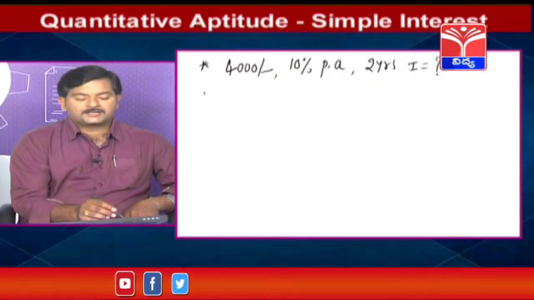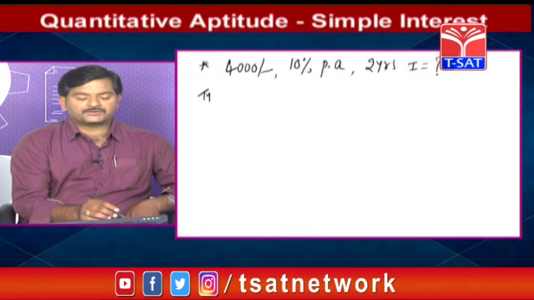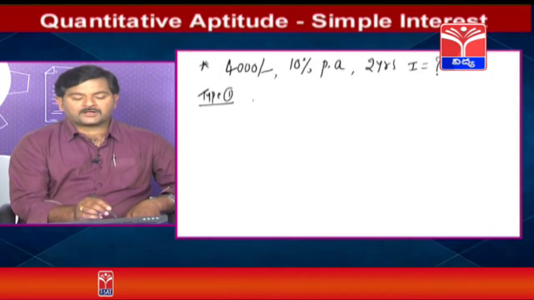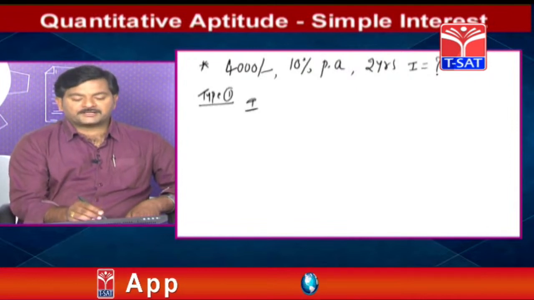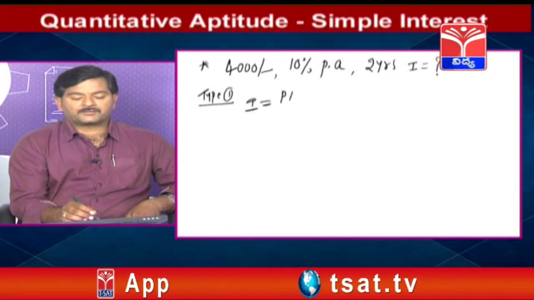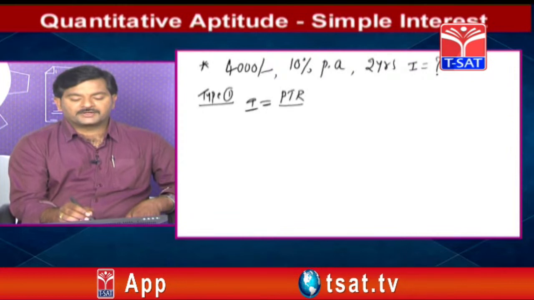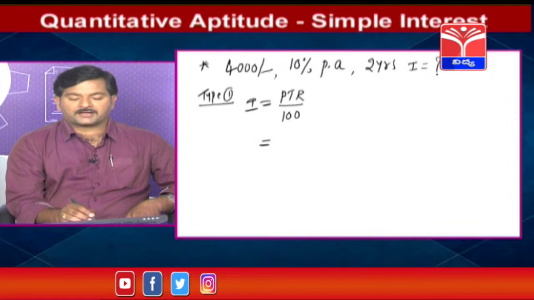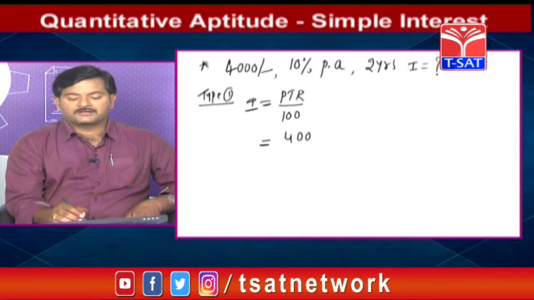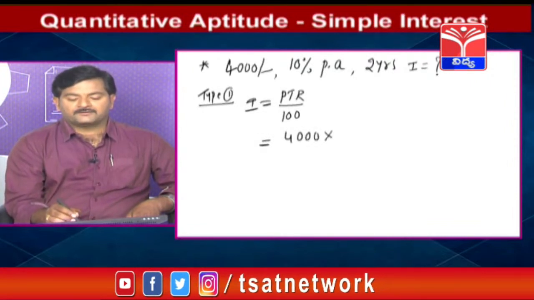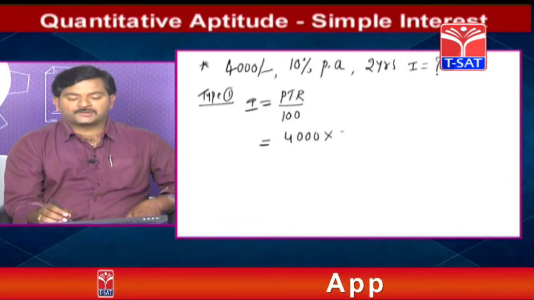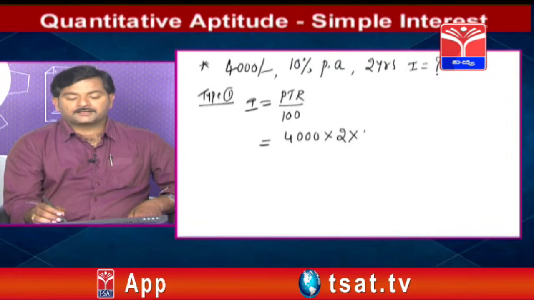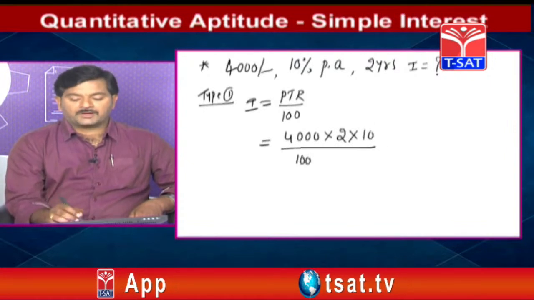Usually we can solve this question in 2 ways, type 1 and type 2. Type 1 is very clear, by using the formula. The formula is I equals PTR by 100. The principal amount given is clearly 4,000. The time given is 2 years, and the rate of interest is given, so the whole thing is divided by 100.